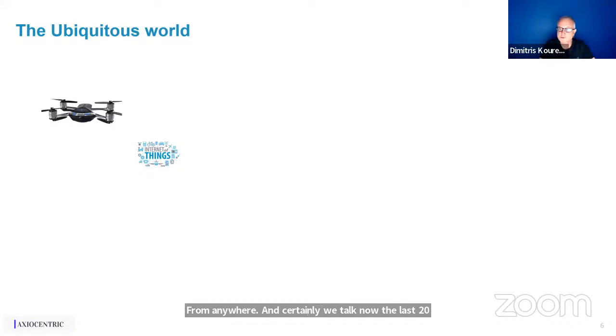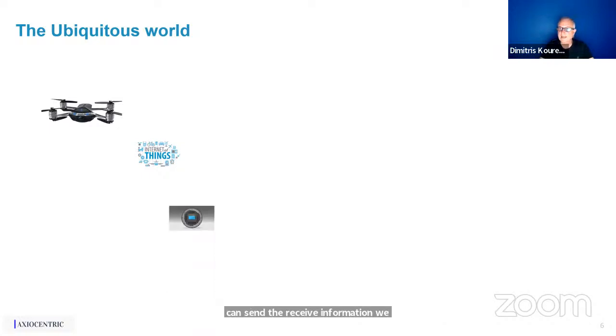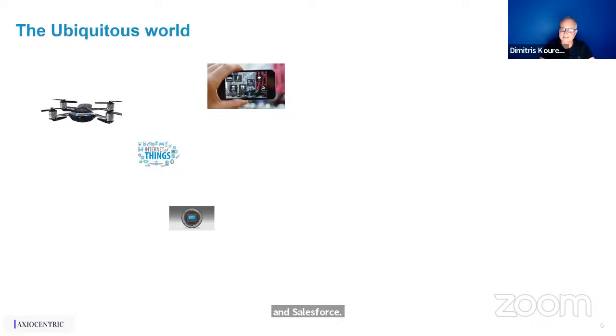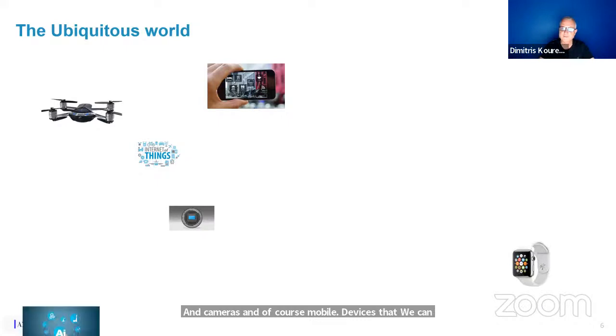Practically most of the products or devices can send and receive information. We talk about drones and sensors and cameras and of course mobile devices, with which we can see the world and transact and interact with anybody anywhere.